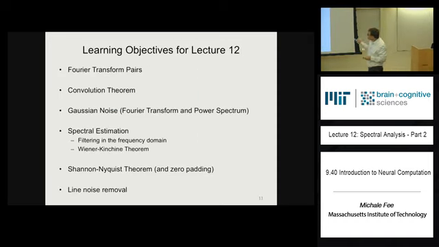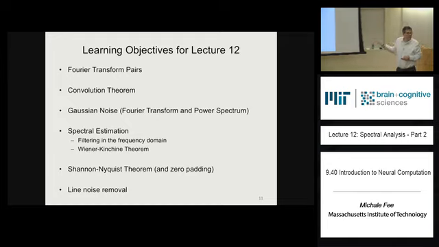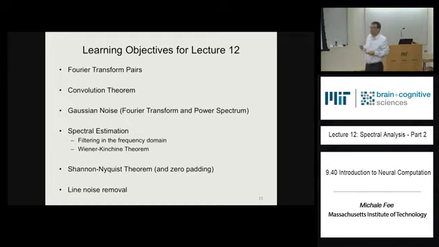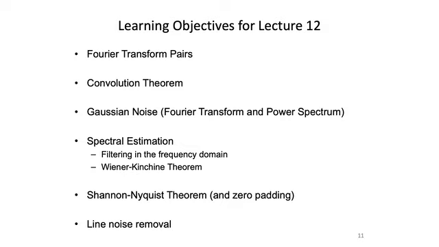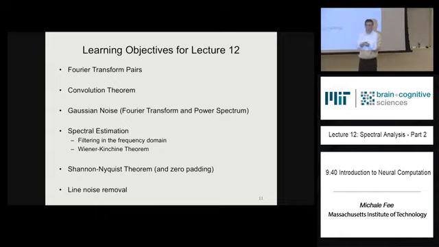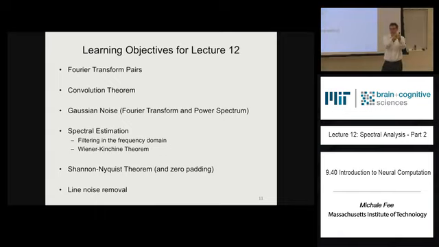Okay. All right, so that was just a brief review of what we covered last time. And here's what we're going to cover today in a little more detail. So we're going to talk some more about the idea of Fourier transform pairs. These are functions where you have a function, you take the Fourier transform of it, you get a different function.